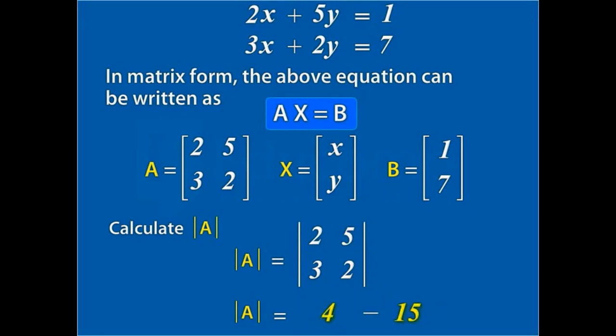Here, determinant A equals minus 11 implies that determinant A is not 0.